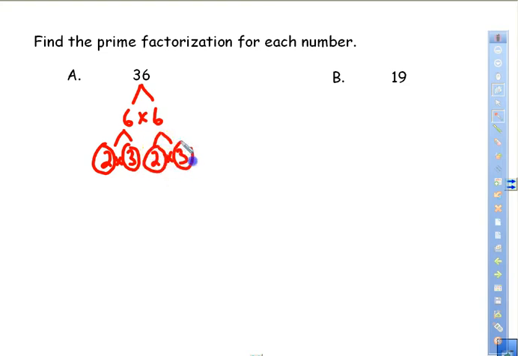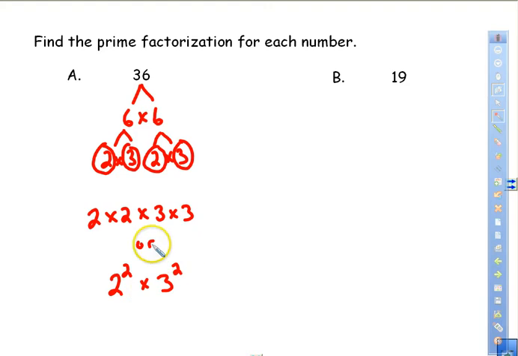So now I have 2 times 2 times 3 times 3, and if you want to write that as an exponent, 2 to the second power times 3 to the second power, or what I have listed here.